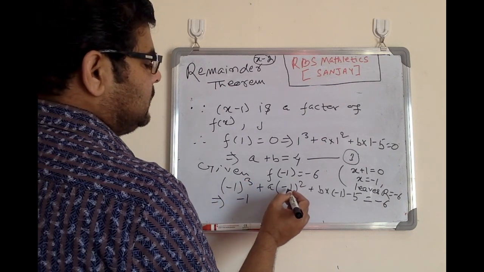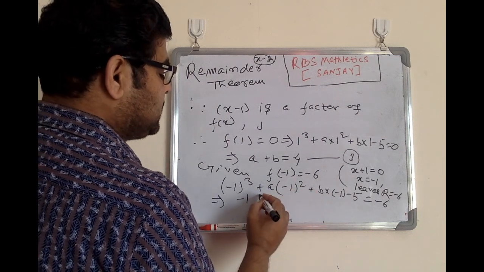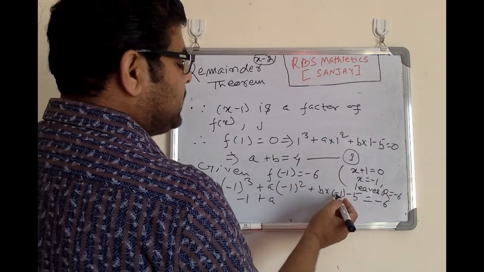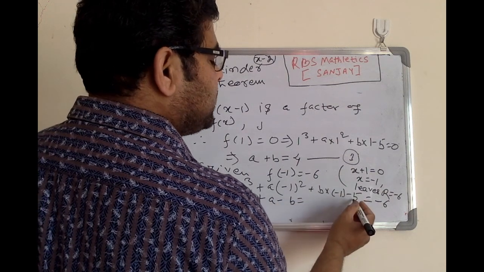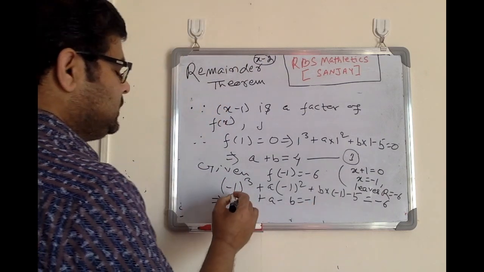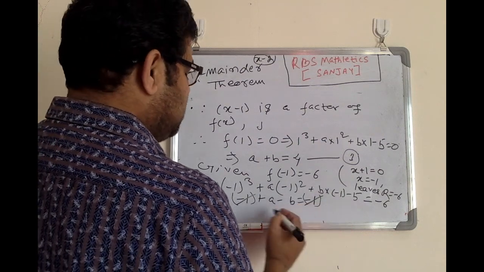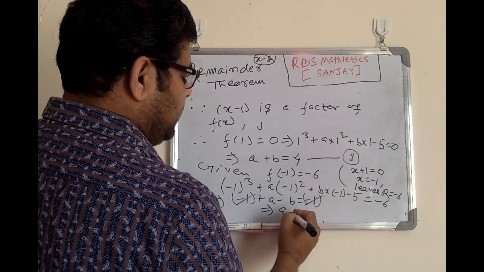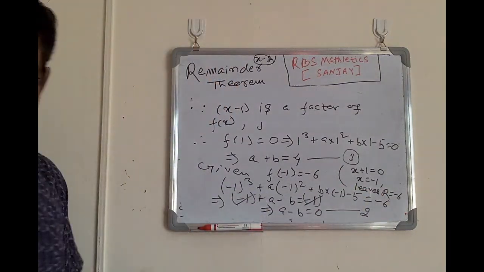Now the negative 1 squared is going to be positive, so it is a. Now negative times positive is minus b, and this is minus 5. If you take it to the other side, it's going to be minus 1. You can see on both sides, negative 1 and negative 1 get cancelled, and eventually you have a minus b equals 0 as equation 2.